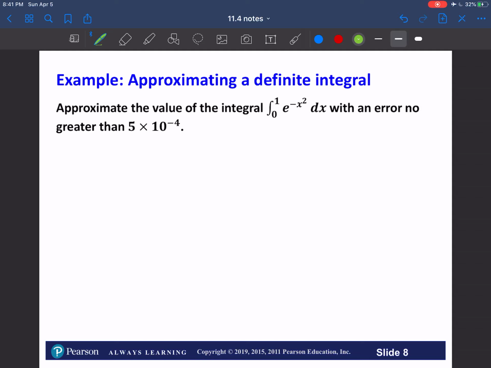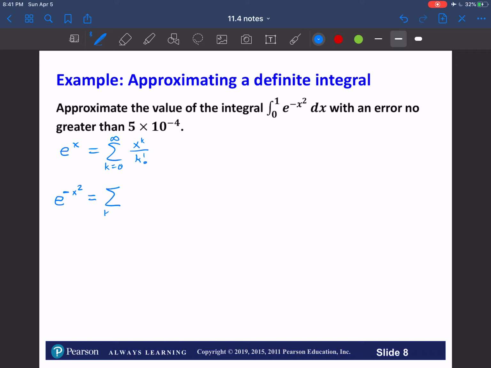Well, we're in the section about Taylor series, so let's consider some Taylor series here. We know the Taylor series expansion for e to the x is, as we just discussed in the last problem, the sum from k equals 0 to infinity of x to the k over k factorial. So then, we can also come up with the Taylor series expansion for e to the negative x squared.